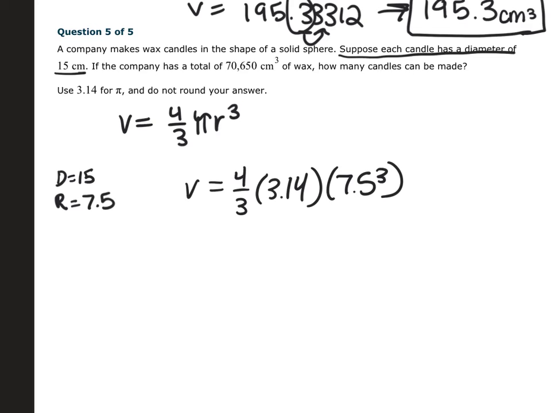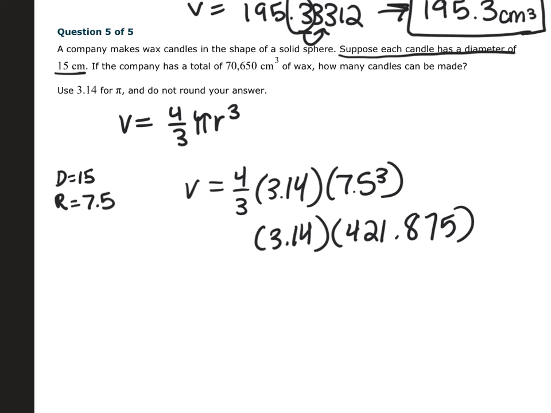You can find that by saying 7.5 times 7.5 times 7.5, and I'll just simplify that right now. That becomes 421.875. And then this one's decimal ended in this case, so I'm just going to type in my 4/3. That decimal is repeating, so I don't like to write that down and say 1.333.